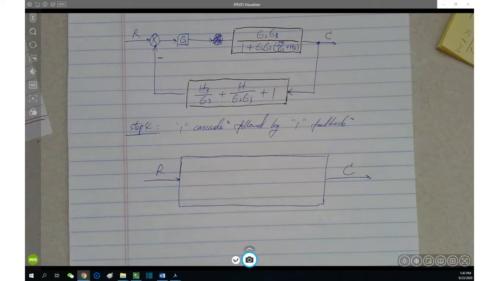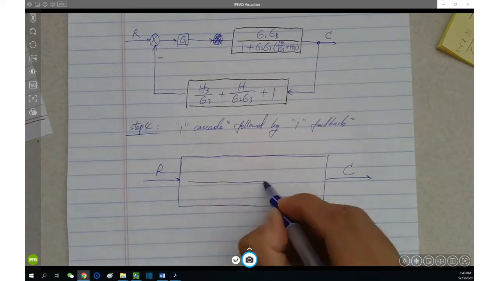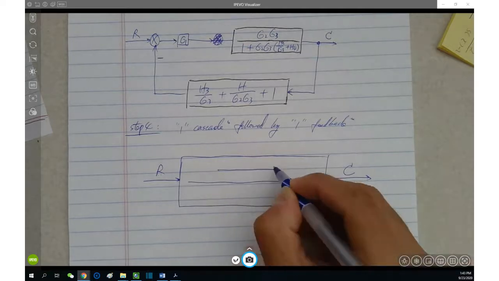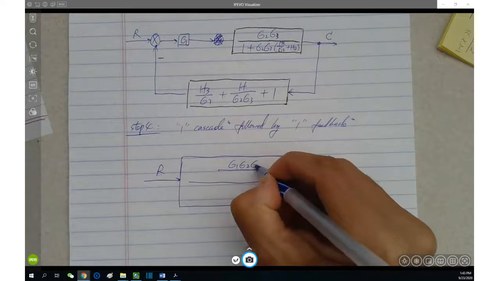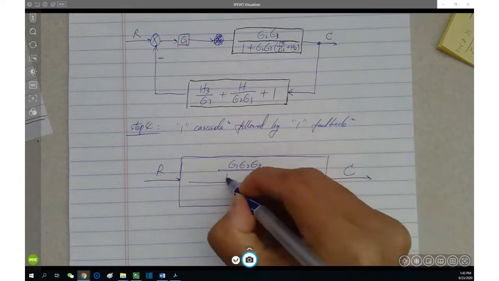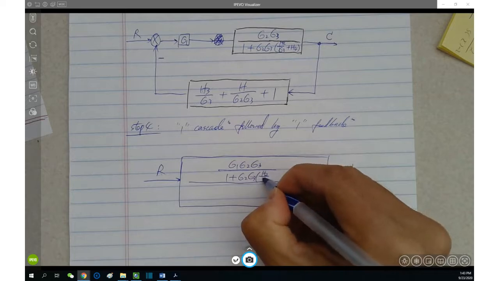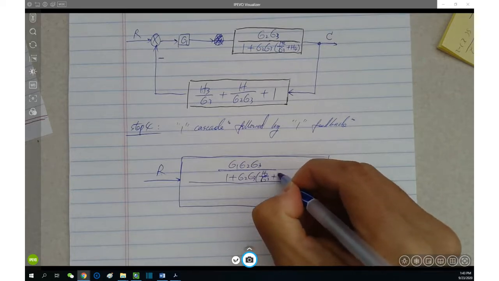So there's a feedback, right? So the numerator is what? It is the forward pass transfer function, which is G1, G2, G3 in here, 1 plus G2, G3, parentheses, H2, G3 plus H4.